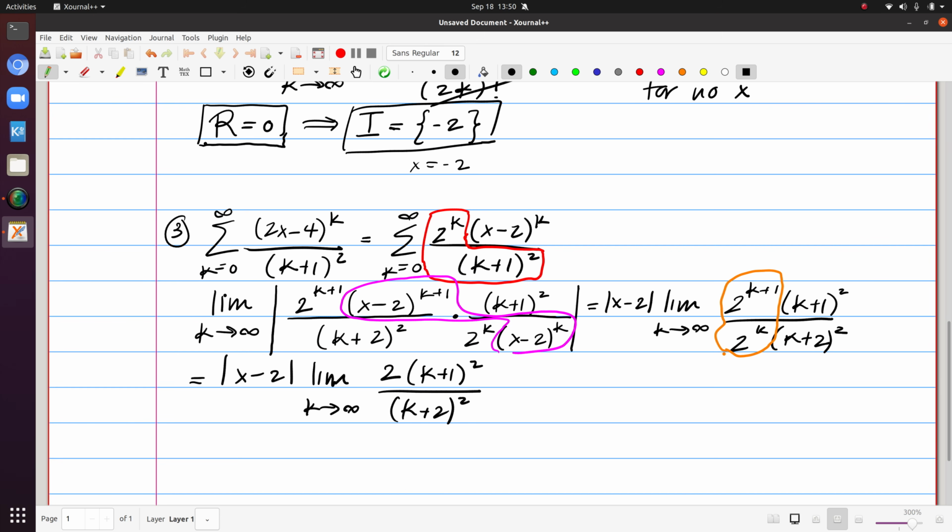So here I have a polynomial on the top and the bottom. The degree is 2 in both. So what I'm really looking at is my ratio of leading coefficients in order to find the limit. So this limit will approach 2 over 1, or 2. So I am left with the absolute value of x minus 2 times the constant 2.